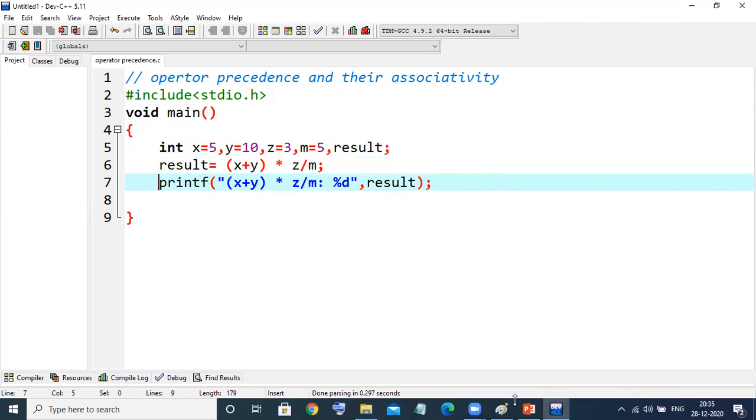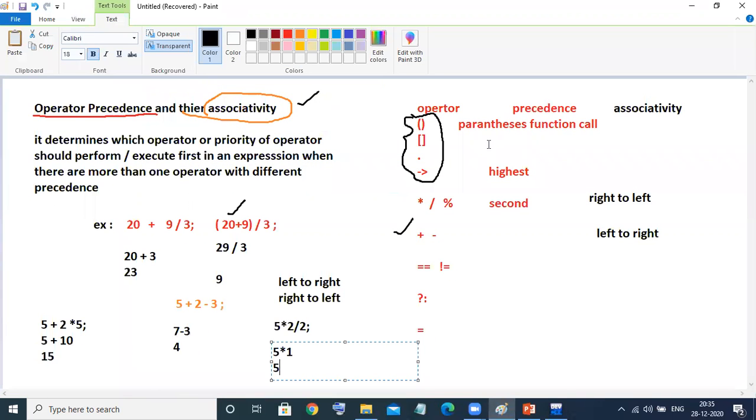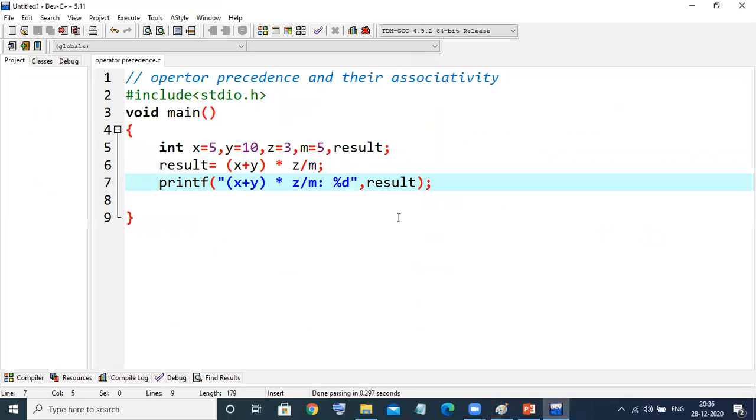And we know the priority levels: bracket has the highest priority, then multiplication, division, modulus have the second highest, then third highest, and so on. The assignment operator is standing at last. So let's see the result.